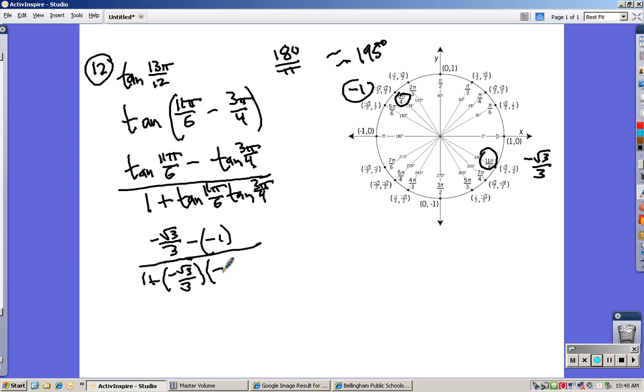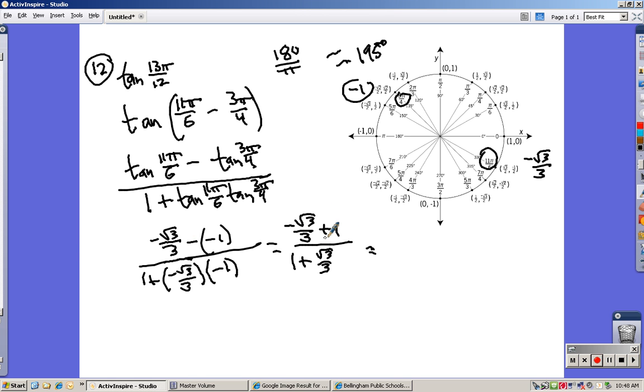Times tangent of 3 pi over 4, which is negative 1. So I just did some substitution there. Now this would be negative root 3 over 3 plus 1, subtracting a negative. And this would be 1 plus, a negative times negative is positive, something times 1 is itself, root 3 over 3. So now some pretty heavy fraction manipulation to do.